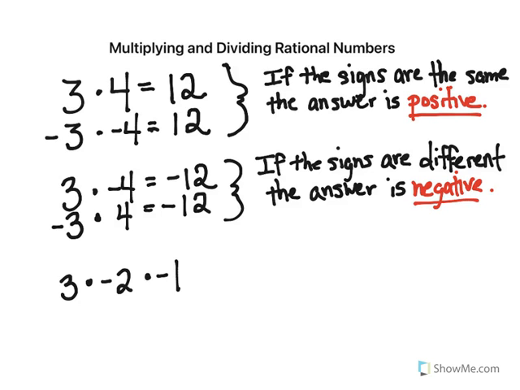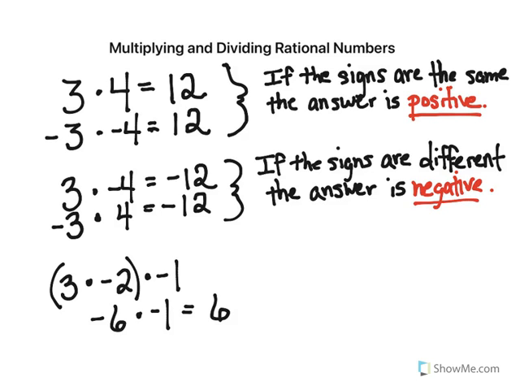So we're going to break it down and look at the first two numbers, 3 times negative 2. The rule is if the signs are different, then the answer is negative, so that gives us a negative 6. Bring down your negative 1. Now you look at negative 6 and negative 1, and we refer back to the rule: if the signs are both the same, then the answer is positive. So this gives us a positive 6.